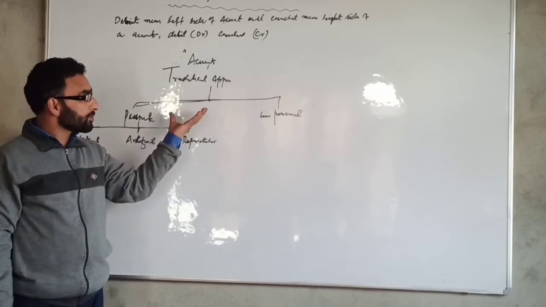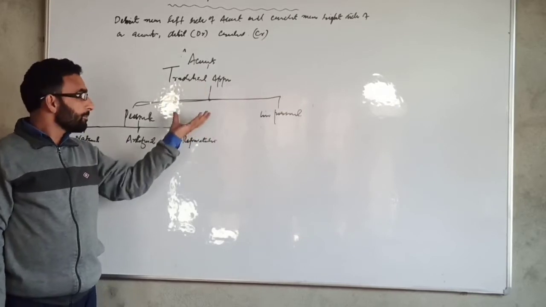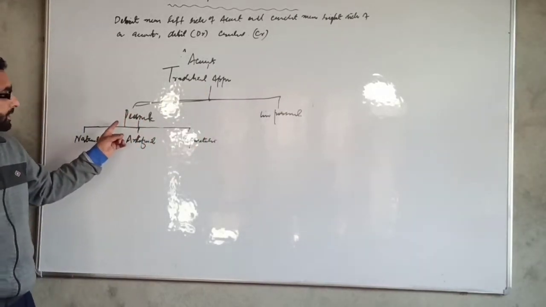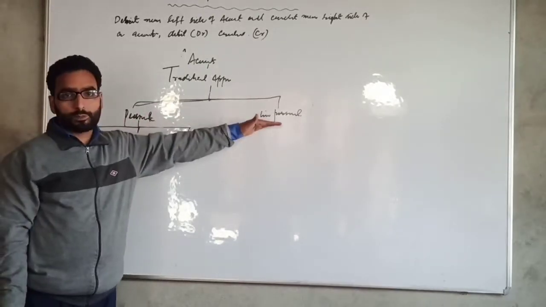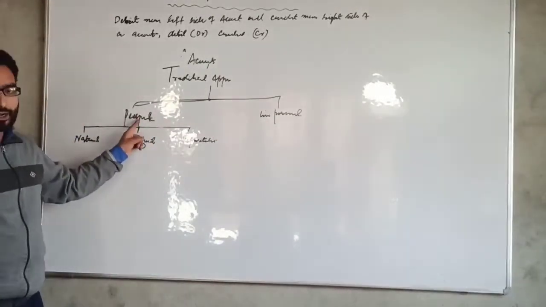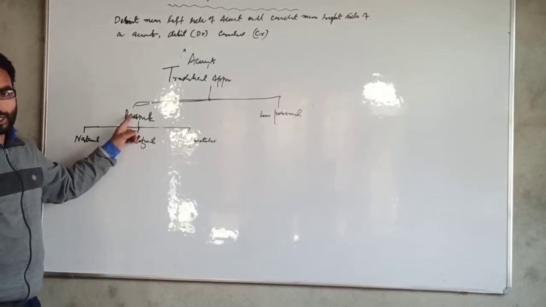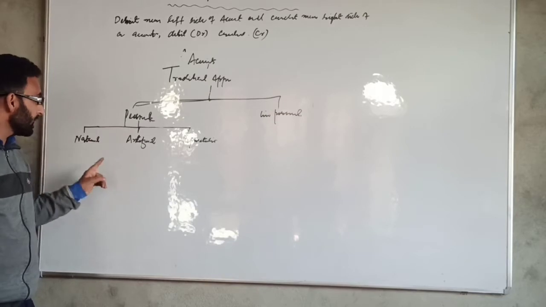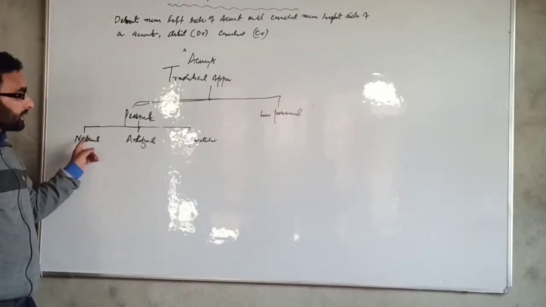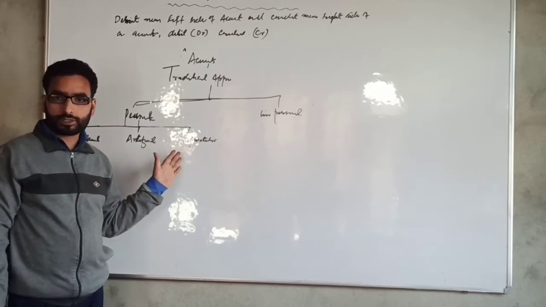As per the traditional approach, the accounts involved in business transactions are of two types, personal and impersonal. Personal accounts are also of three types: natural person, artificial person, and representative person.